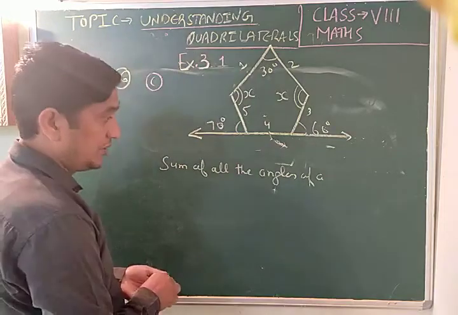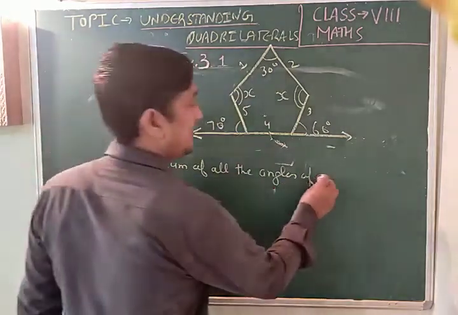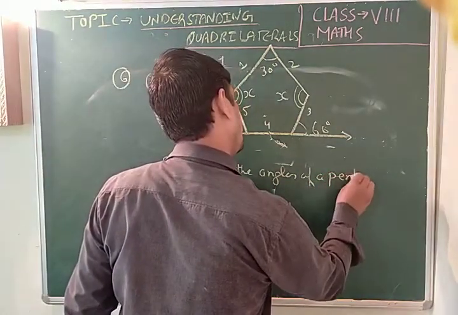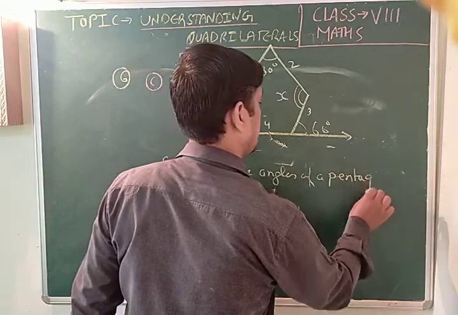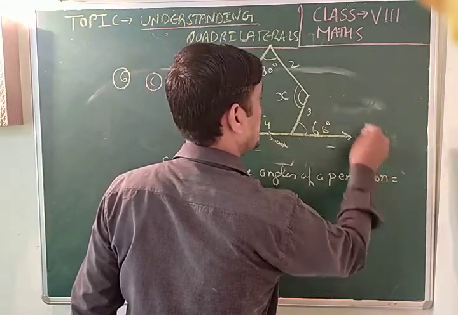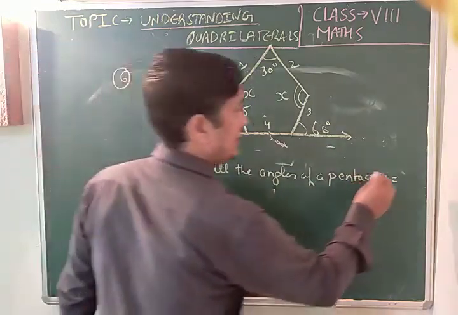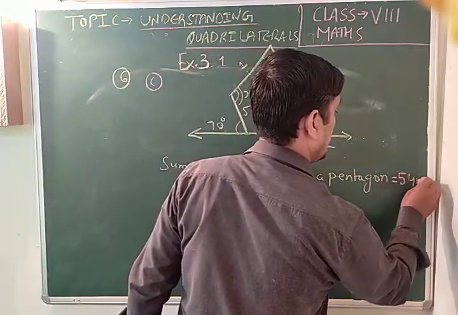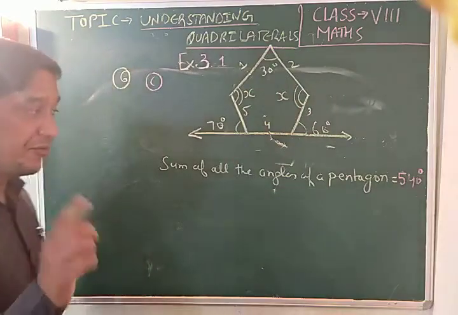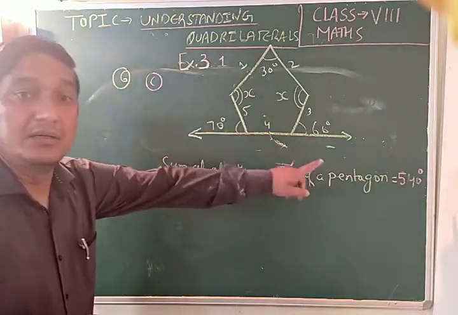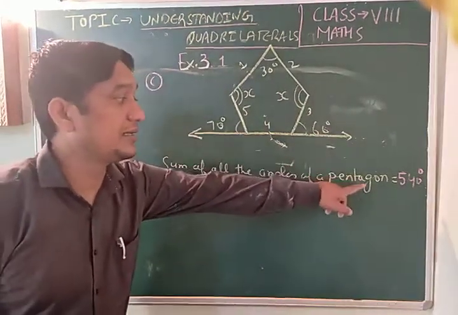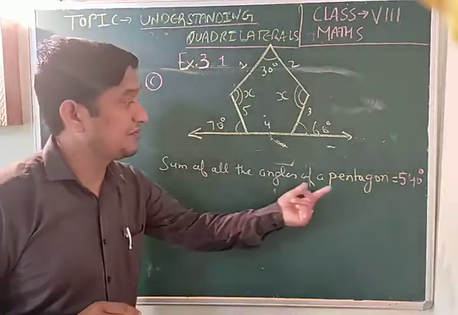And we must know the sum of all the angles of a pentagon is equal to 540 degree.